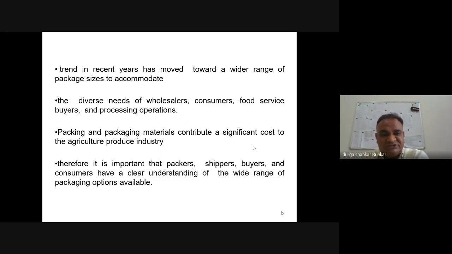So basically this defines the needs of the different users. The wholesaler has a different kind of need. Consumers have different packaging needs, and the food service buyers' needs are also different. Similarly for the processing operation.